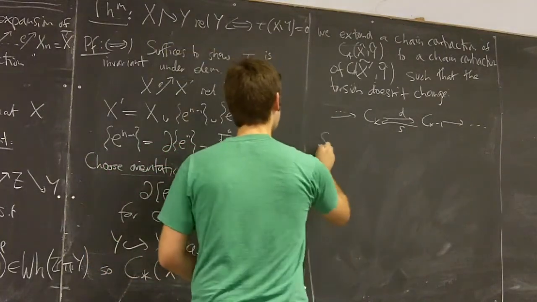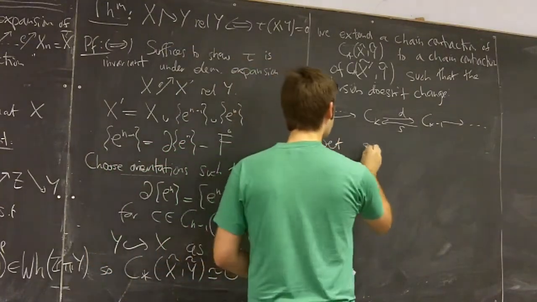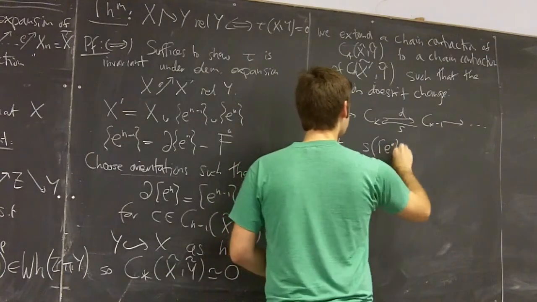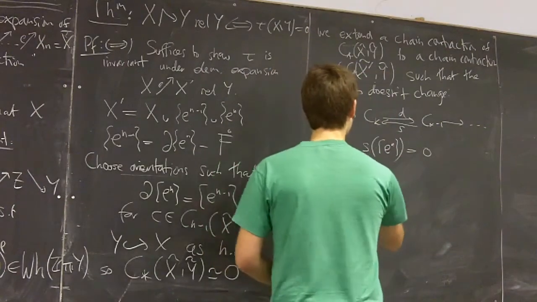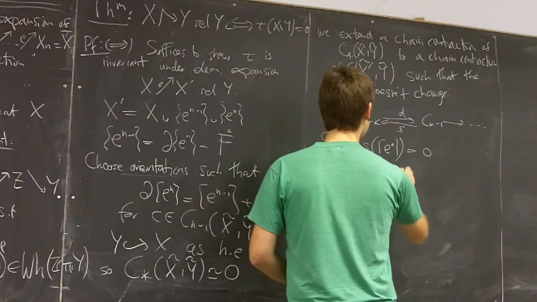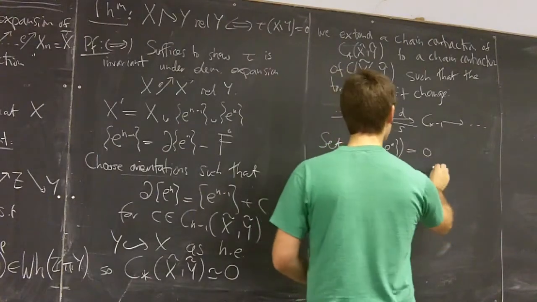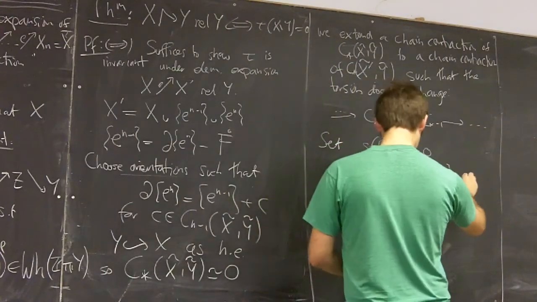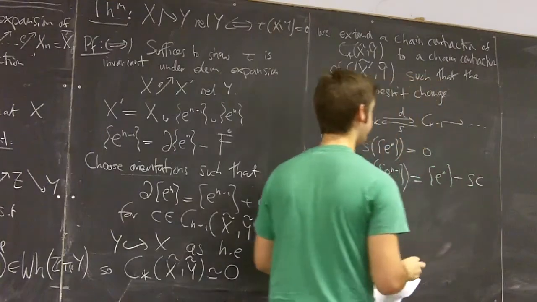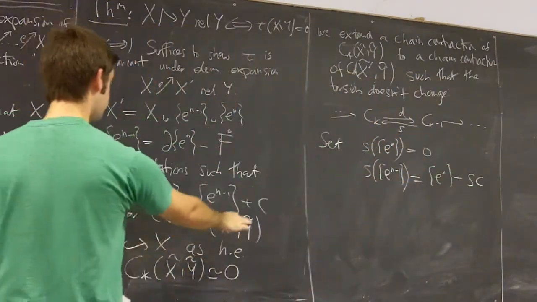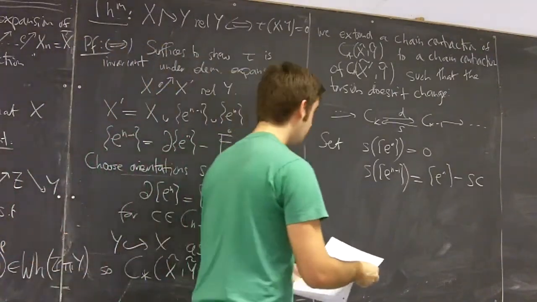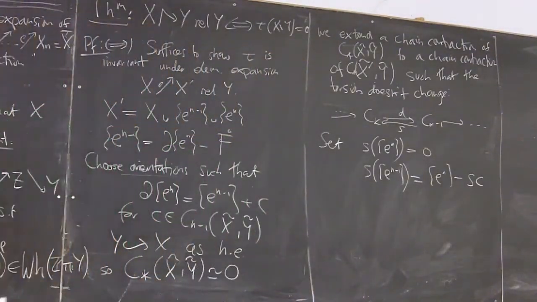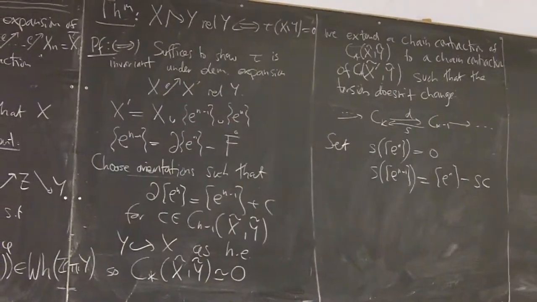So what we do is we set S of e_n should be 0, and S of e_{n-1} should give us e_n minus S of c, where c was this class here, which is the boundary minus this. Let me draw this over here, and we'll see that this gives a chain contraction.